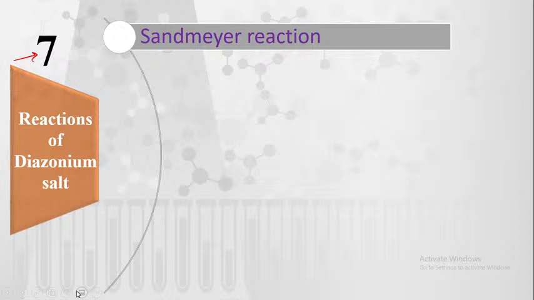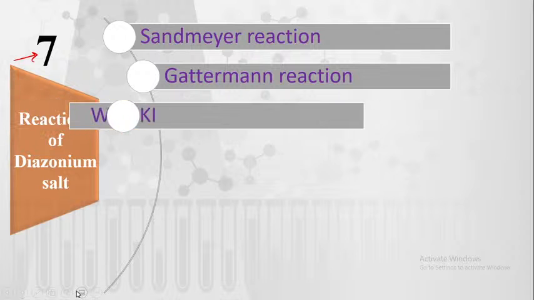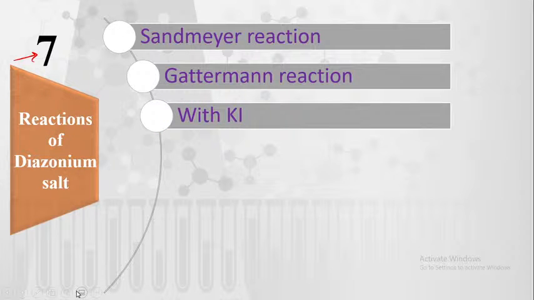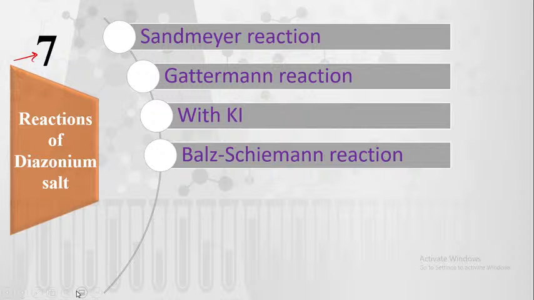That is nothing but the Sandmeyer reaction. We will see these reactions one by one. The second one is the Gattermann reaction, then reaction with potassium iodide, then the Balz-Schiemann reaction, which is used to form fluorobenzene.